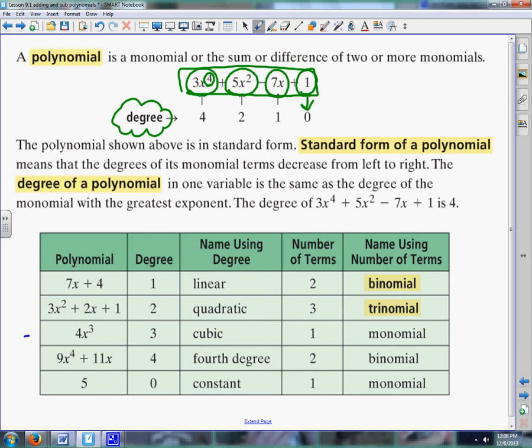This is a monomial, this is a monomial. Now, this is a binomial because it has two pieces. And this is a binomial because it has two pieces. Two terms or whatever you want to call them. And this is a trinomial because I have an x squared, I have an x, and I have a number.